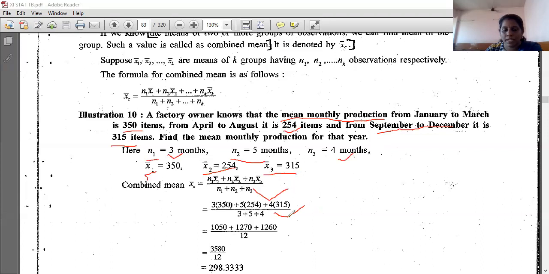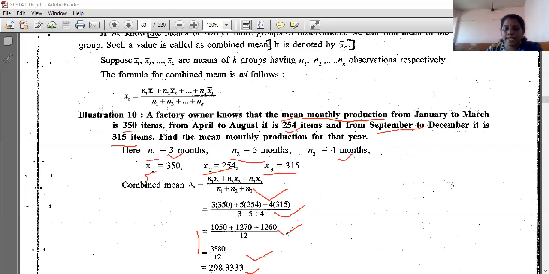Then substitution of the values in the formula, then the calculation. These two steps are of calculation, and finally our answer, that is 298.33. The 3 repeats, so round it off to 298.33. After the decimal, you have to write 2 numbers.